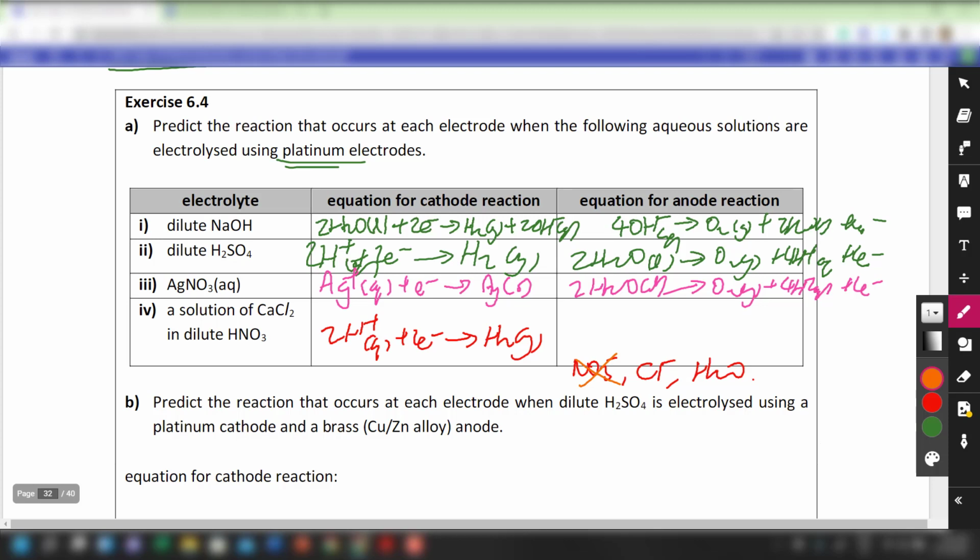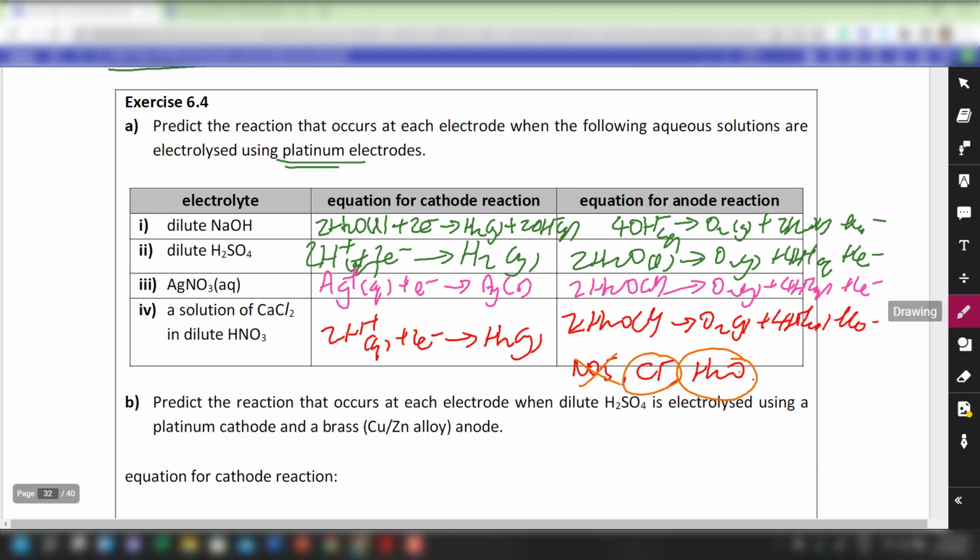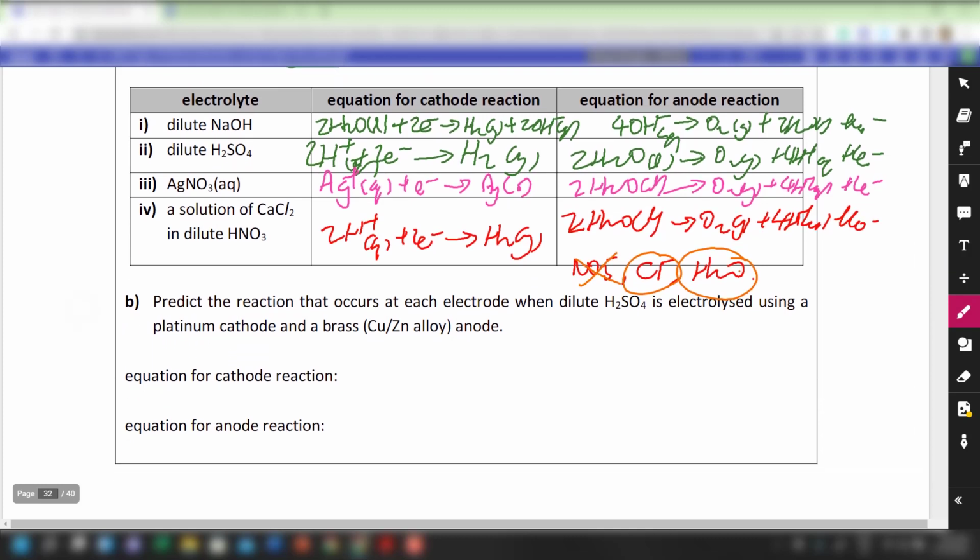If you want to oxidize it further, that's almost impossible. Chloride is possible, but we're looking at probably a dilute solution. So again, I expect water to be oxidized. Same story. Water will be oxidized to give us oxygen and 4H+ and 4 electrons.